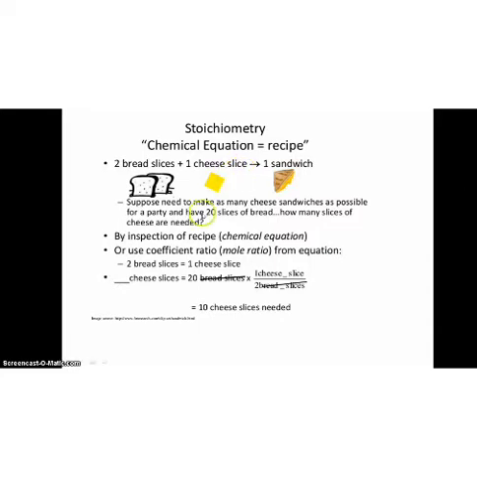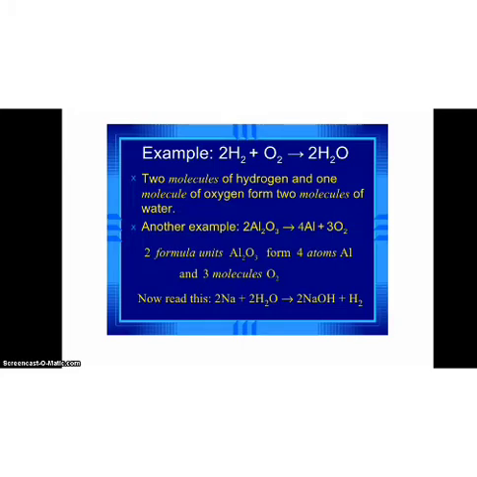So, 20 bread slices is equal to how many cheese slices? We get 20 bread slices into 1 cheese slice divided by 2 bread slices, that is 10 cheese slices needed. Like that, this chemical equation can be solved.